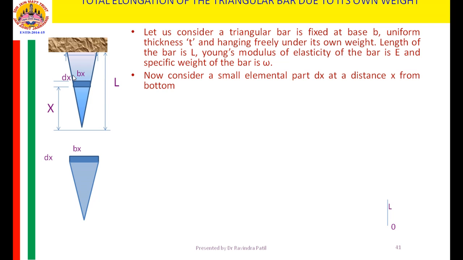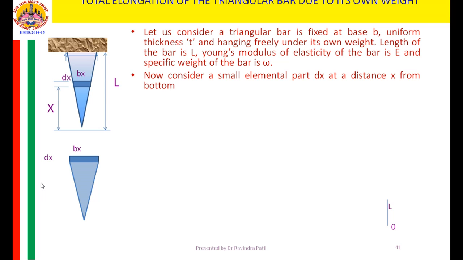Now I need to calculate the weight of the lower part. If I want the deformation of a part here, then this whole weight of the triangular part will act on it. If I calculate it somewhere near the bottom, only the part below it will act on that part.